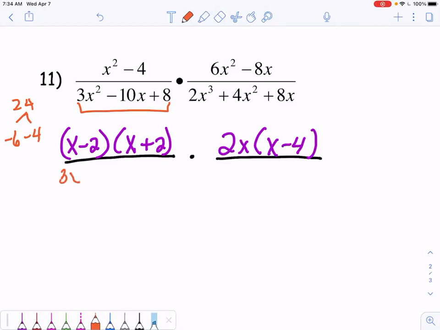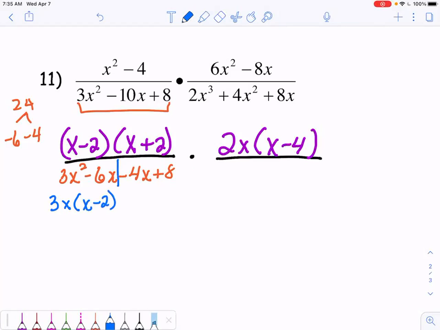So we have 3x squared minus 6x minus 4x and then plus 8. That's AC grouping because there's a coefficient in front of x squared. You continue to group by pairing the first two together and taking out what they have in common. So that's a 3 and an x.